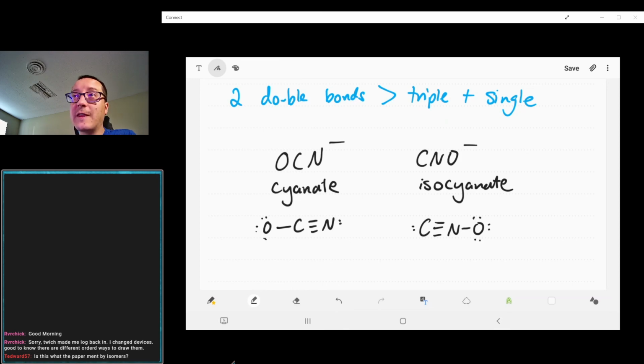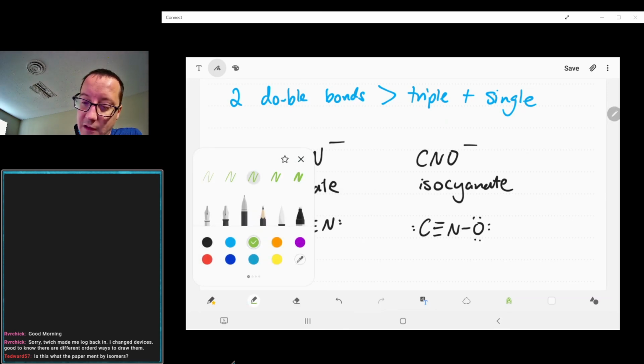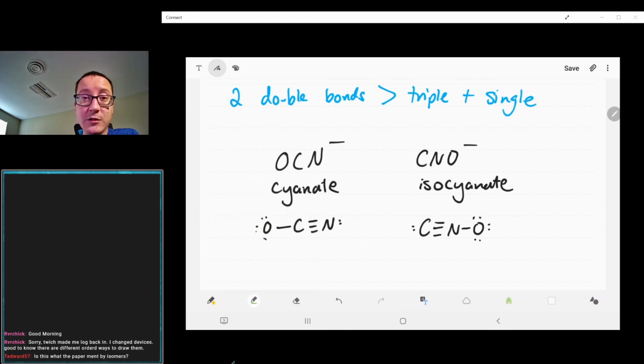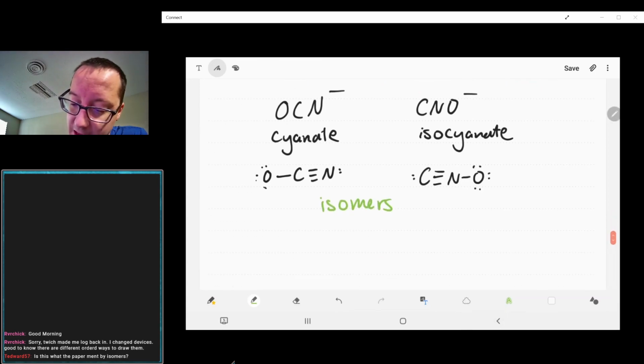We can see here that the order is going to be different between these. So here we have the oxygen connected to the carbon, and the carbon in the middle. In the other one, we have the nitrogen in the middle. And so these would be isomers of each other. These would have a different arrangement of atoms.